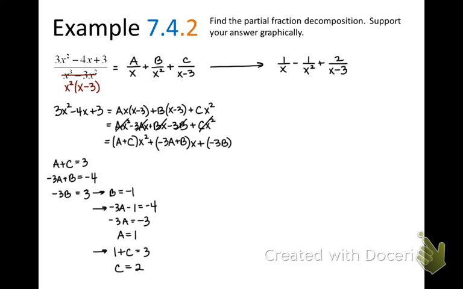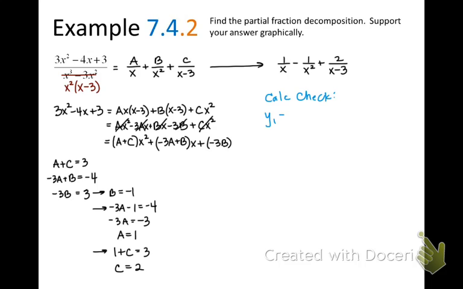All right. Now, I want to check this graphically. What this means is that you plug into your calculator. What you plug into your calculator is go to your y equals.